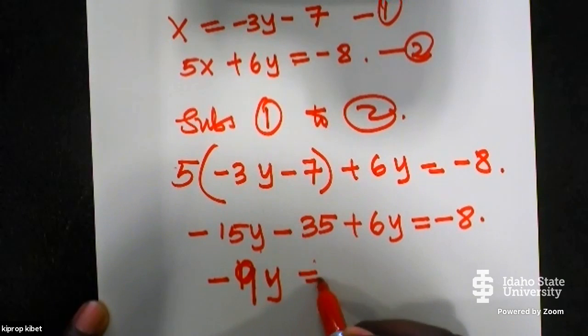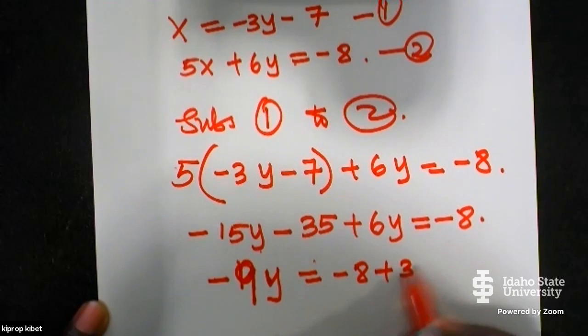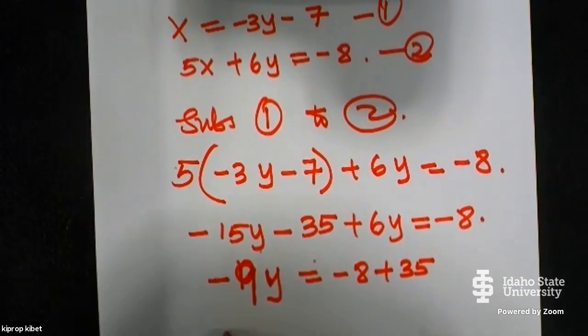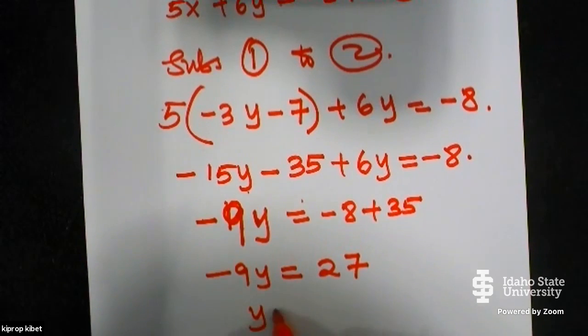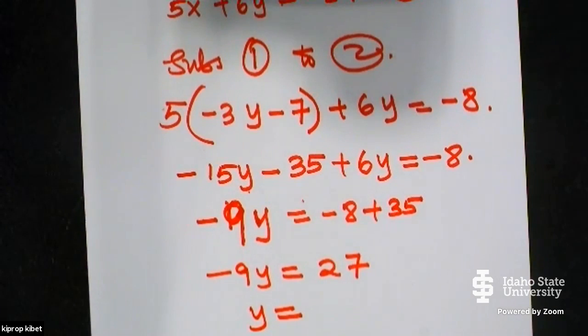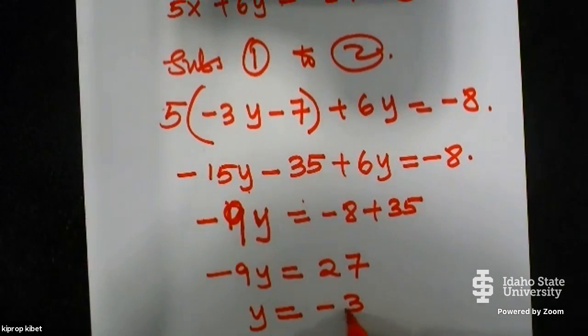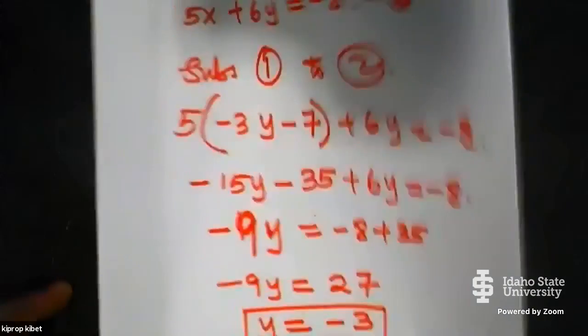Then you take minus 35 to the other side. So it will be minus 8 plus 35. So you get minus 9y equals 27, right? So y will be equal to negative 3.